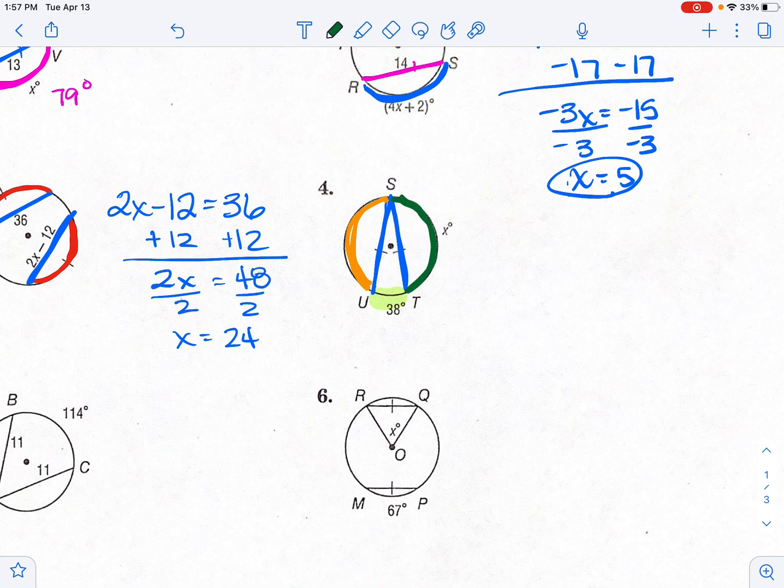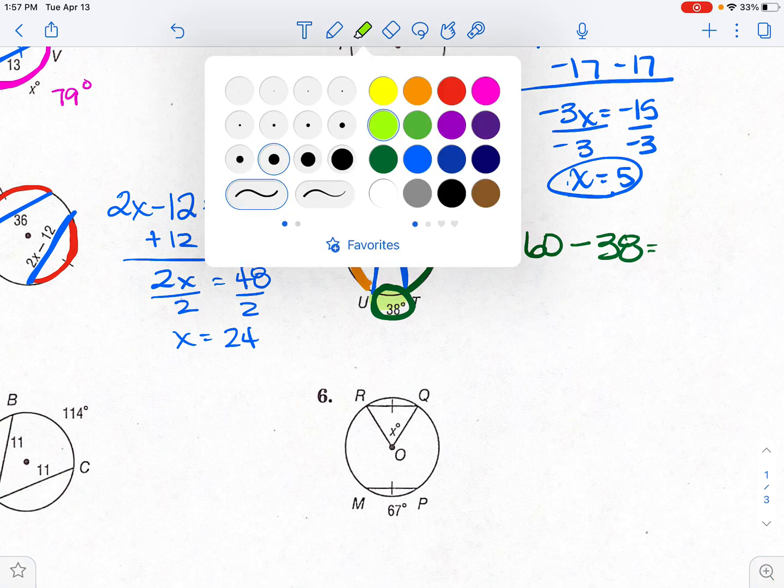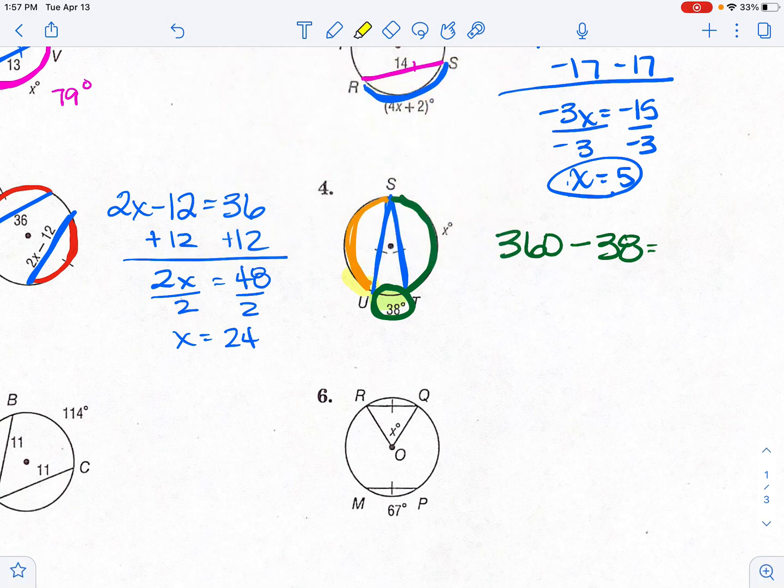So if I simply take out this 38 degrees from the entire circle, so if I take 360 and subtract 38 degrees, that gives us this entire major arc, which is 322.